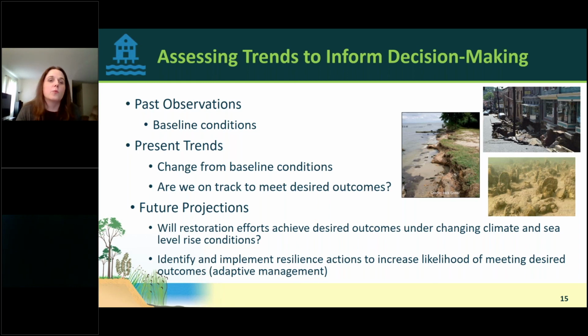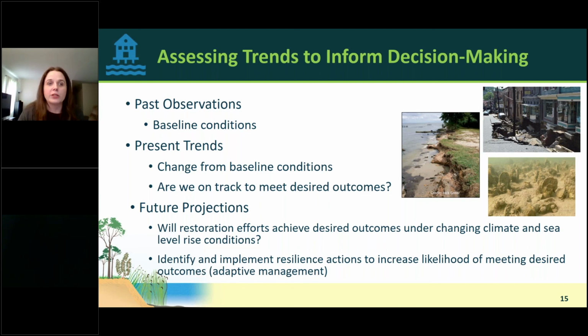We know what works and what doesn't work from the standpoint of baseline, from the practices we're putting in place. If it's stormwater management and everything stayed the same in how we design those practices, then we would have some confidence in saying what worked and what didn't work. So past observations set that baseline condition.